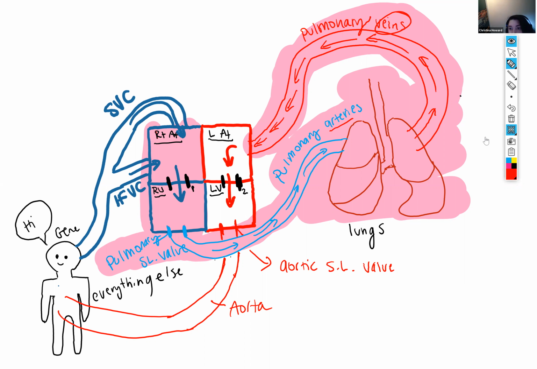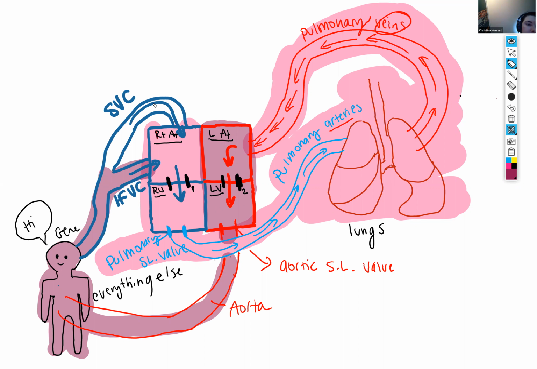So let's pick another color. I'm going to go with this maroonish purple. So I'm coloring Gene purple to indicate that all of the capillary beds in all of Gene's organs and tissues are part of the systemic circuit, as are these vessels here.